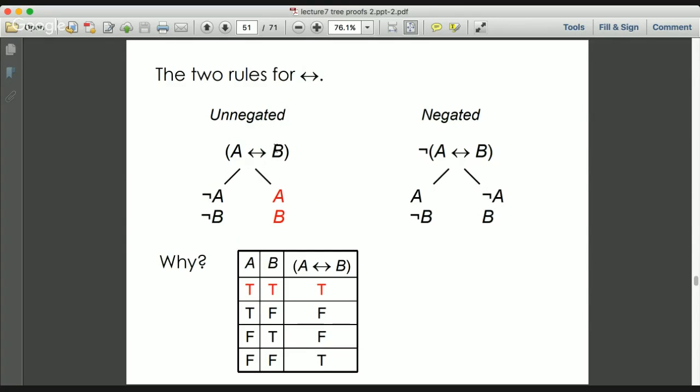It's the relation of equivalence, and equivalence just means the same value. So A if and only if B means A is equivalent to B, and that means they have the same truth value. It just says either they're both true or they're both false. It's not telling you which one, but it's saying they have the same value. And obviously, if it's negated, then that means they have different values. So either one's true and the other's false, or the other way around. So that's why we have the rules for this one.